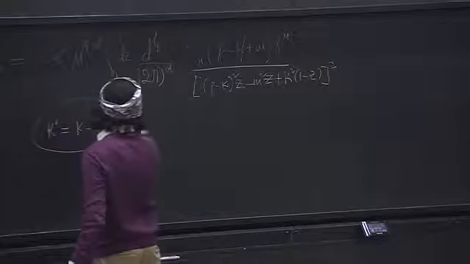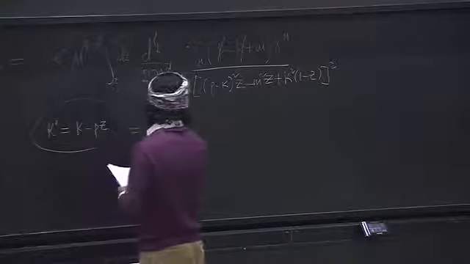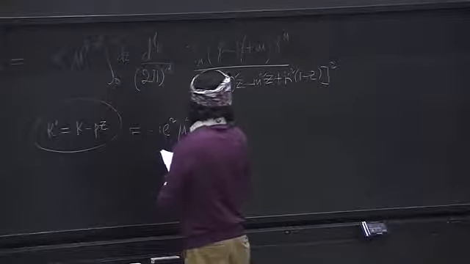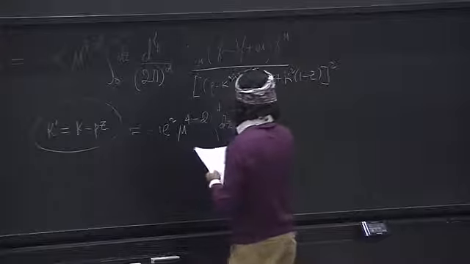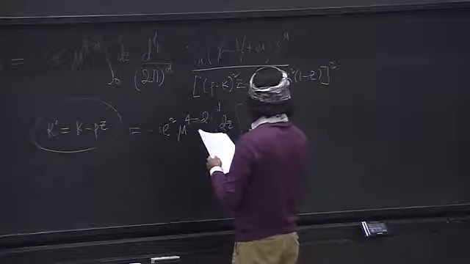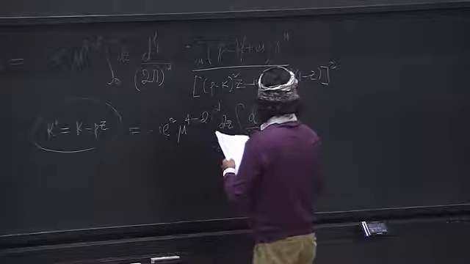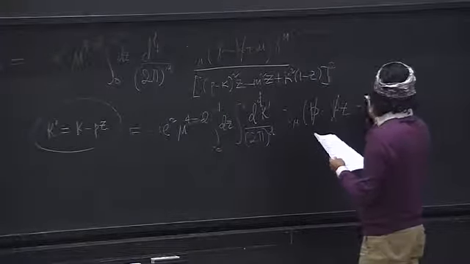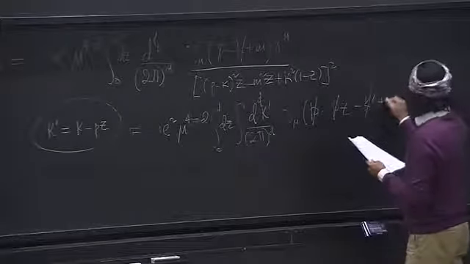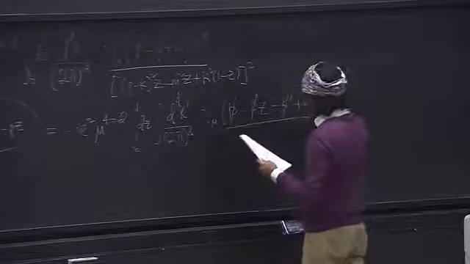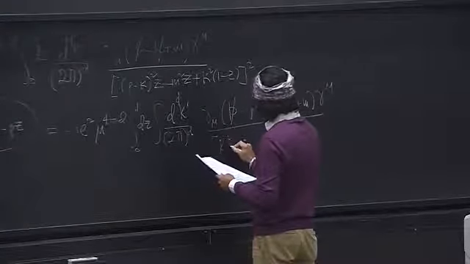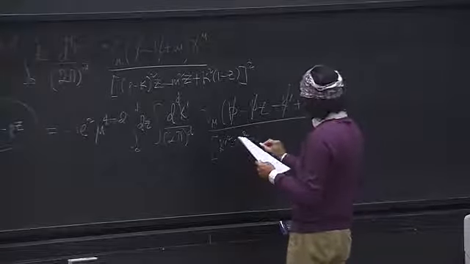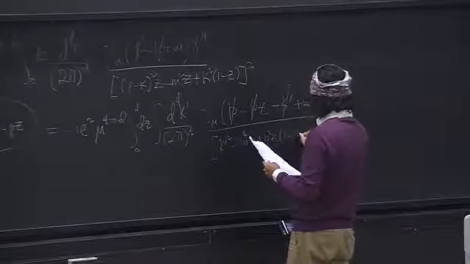So if we introduce this variable, then this thing becomes the integral d to the power d of k prime over (2 pi) to the d, gamma mu (p slash minus p slash z minus k prime slash plus m) gamma mu, divided by k prime squared minus m squared z plus p squared z (1 minus z).